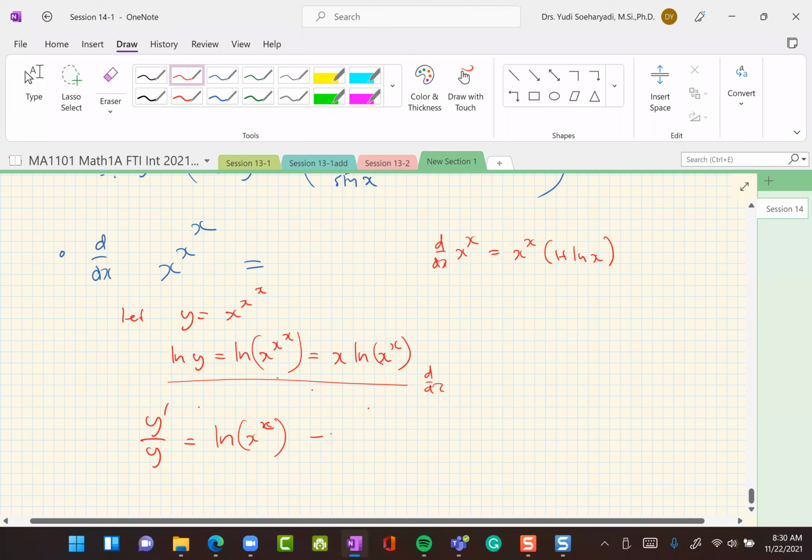Okay, and x times the derivative of ln x to the x. So the derivative of ln x to the x is just 1 over x to the x, the derivative of ln of x.